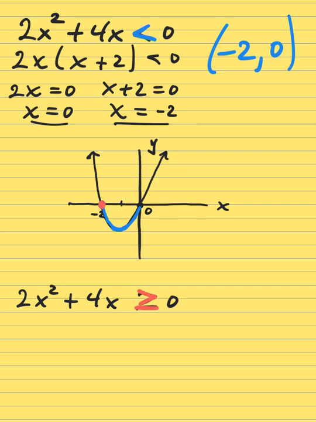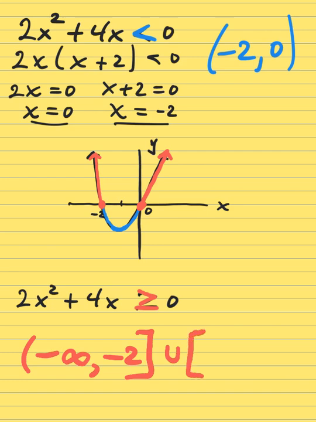So you include and above, which for this one, the left part of the graph that has been highlighted in red, that is from negative infinity to negative 2, including it, or the other part of the graph that's highlighted in red, 0 included, to positive infinity.